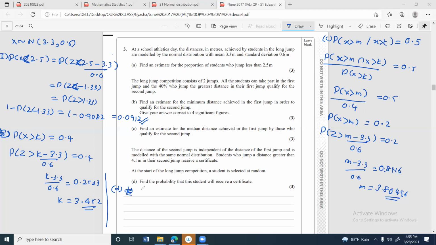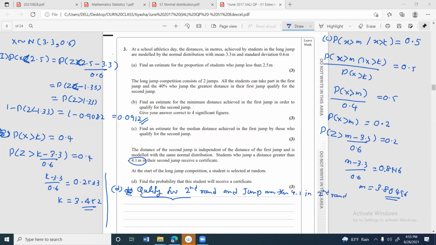You must qualify for the second round, and you have to jump more than 4.1 in the second round.